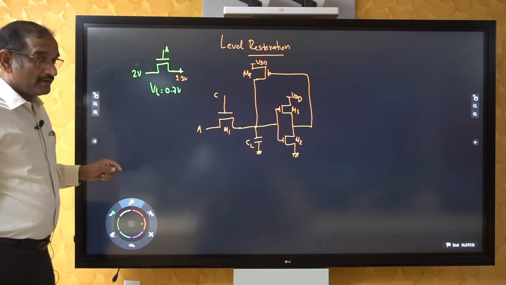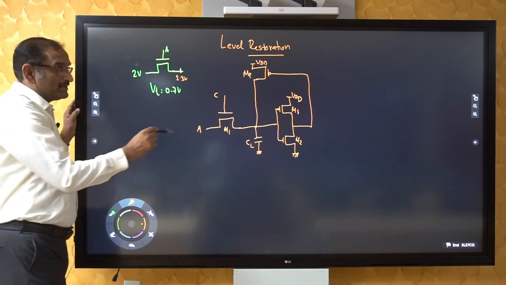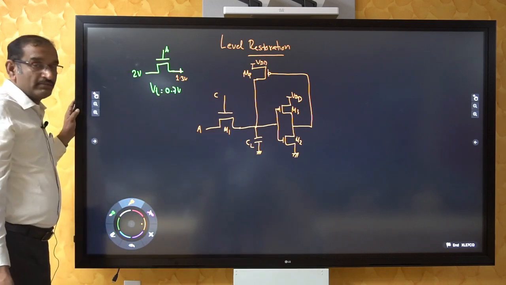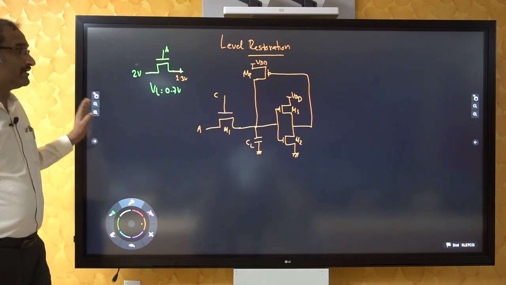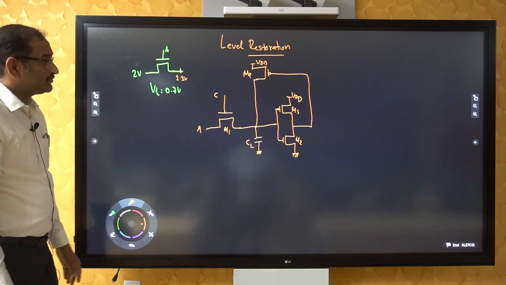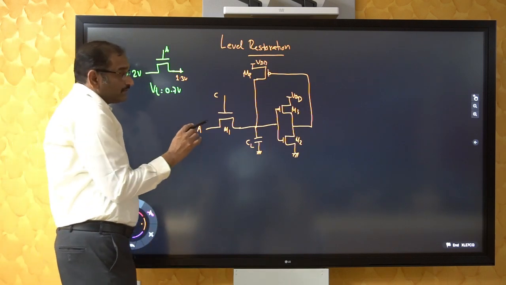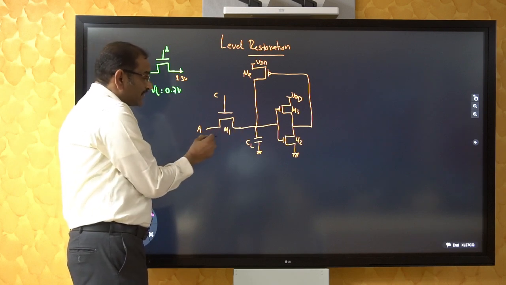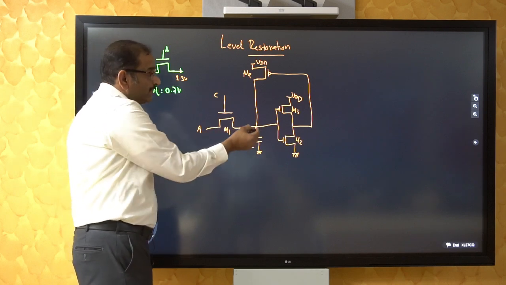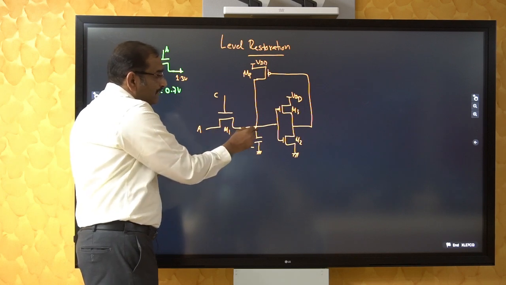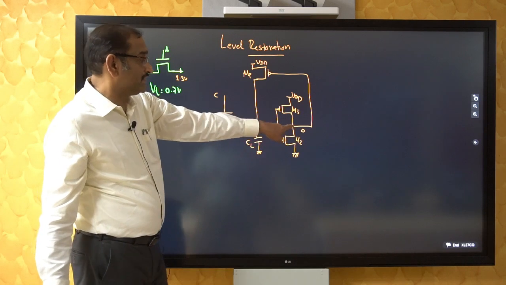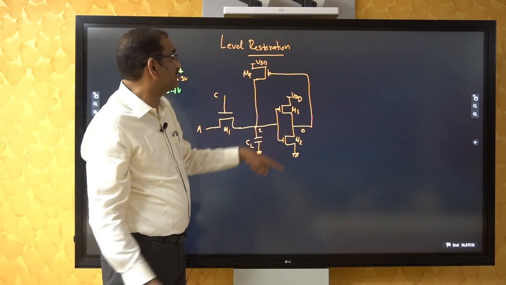You see, our problem is when a 1 is transferred, the output is diminished by the threshold voltage. So how does it work? Simply it can be explained. If a logic high is transferred, this will be high, this will be high, and this inverter's output will be 0.